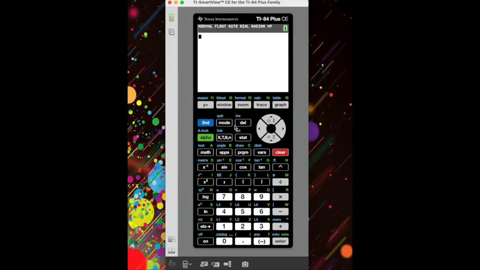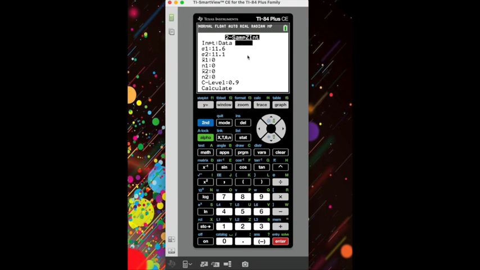To find the confidence interval for this example on the calculator, we're going to go to the stat button, then go over to tests, and scroll down. And because this is a two sample Z interval, we're going to choose option number 9, and I'm going to hit enter.